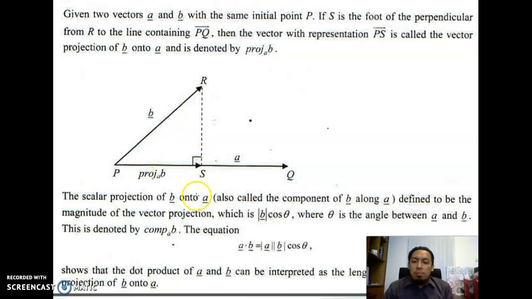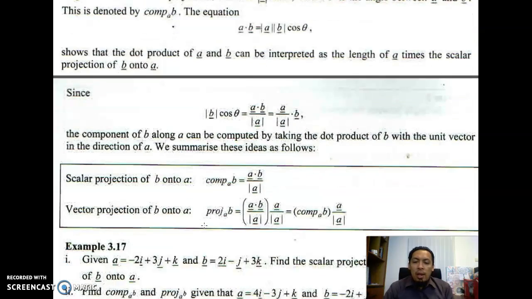By using the formula of component of B onto A, we should be able to find the length of the shadow of B on A.